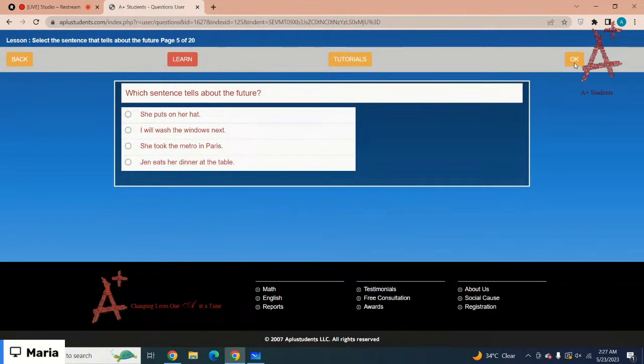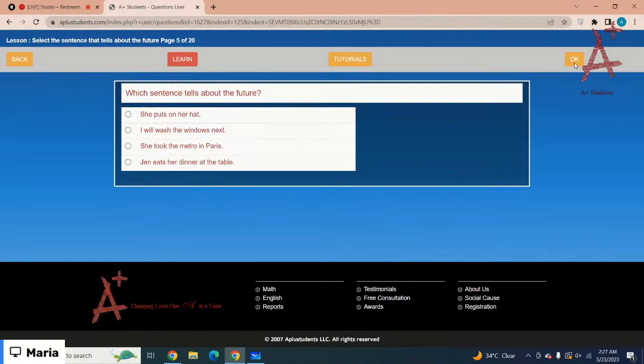Which sentence tells about the future? She puts on her hat. I will wash the windows next. She took the metro in Paris. Jen eats her dinner at the table. So, which is the correct option? That would be the one with the word will.